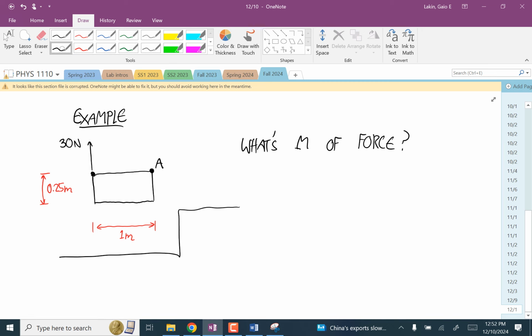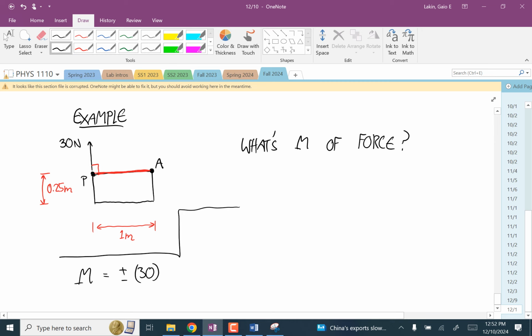This is our P, where that force is applied. I'm going to draw that red line that goes from A to P. In this case, those are perpendicular, which is good. We don't know how to deal with anything besides that yet. The length of that red line is d, and the moment is plus or minus 30 times d.